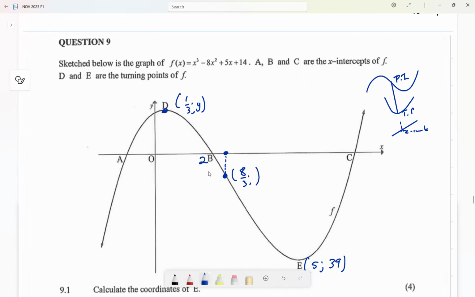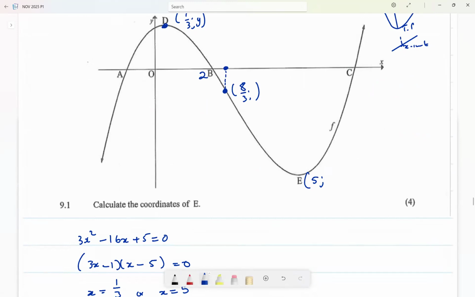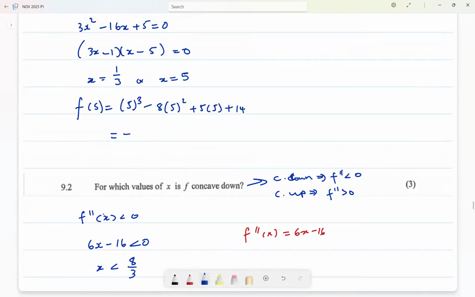So I have 5 cubed, and then minus 8 into 5 squared, plus 5 into 5, plus 14, negative 36. Sorry about that, guys. I see. This can't be negative. Okay, yes, so I've rectified that. Sorry for those who were angry.